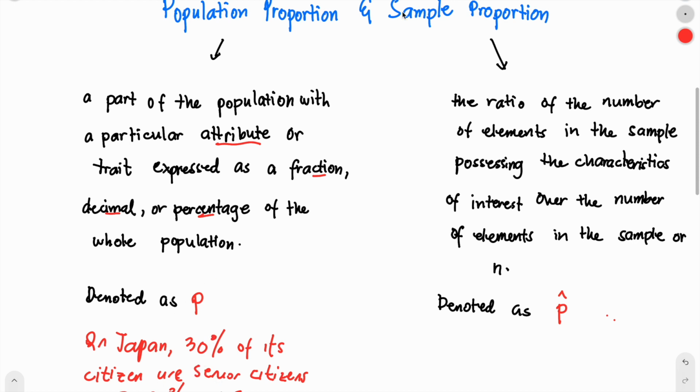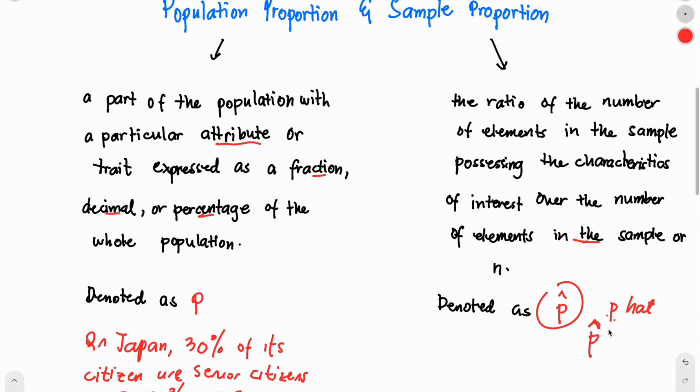So sample proportion, on the other hand, is the ratio of the number of elements in the sample possessing the characteristics of interest over the number of elements in the sample, or n. It's denoted as P hat. P hat. The P has a hat.